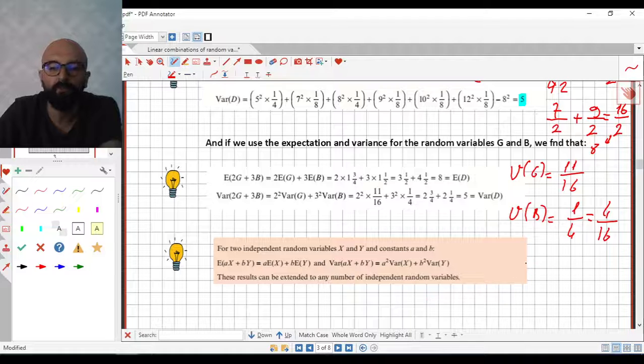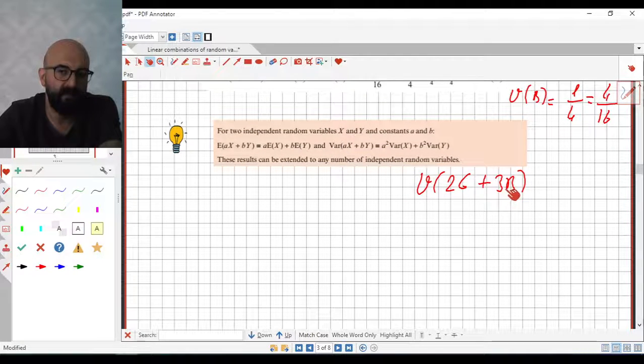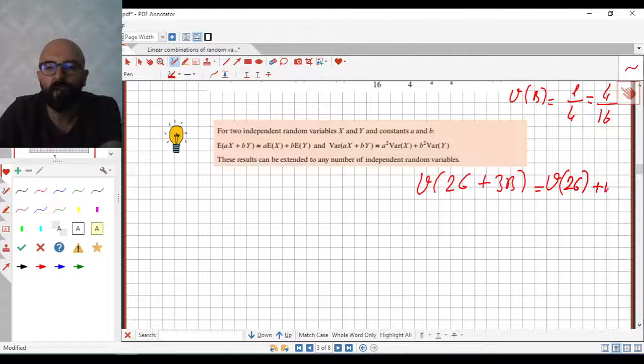If I want the variance of 2G plus 3B, I can write the variance of 2G plus the variance of 3B.